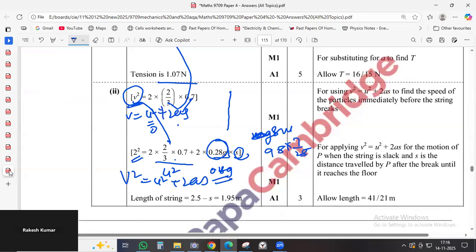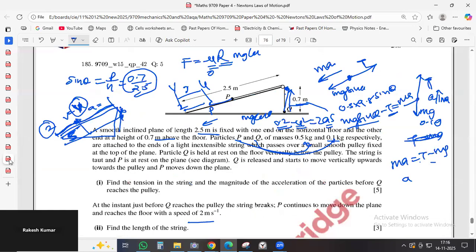So 9.8 into 7 divided by 25 is 0.28. So when it's going down, the acceleration acting is just g sine theta. So he's calculated this distance.